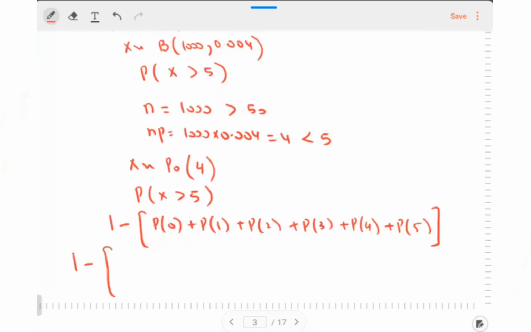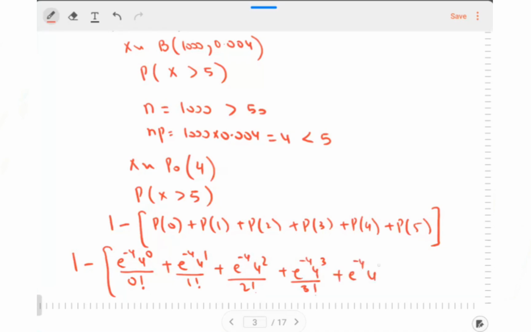So 1 minus e minus 4, 4 की power 0 upon 0 factorial, e minus 4, 4 की power 1 upon 1 factorial, e minus 4, 4 square upon 2 factorial, e minus 4, 4 cube upon 3 factorial, e minus 4, 4 की power 4 upon 4 factorial, e minus 4, 4 की power 5 upon 5 factorial.